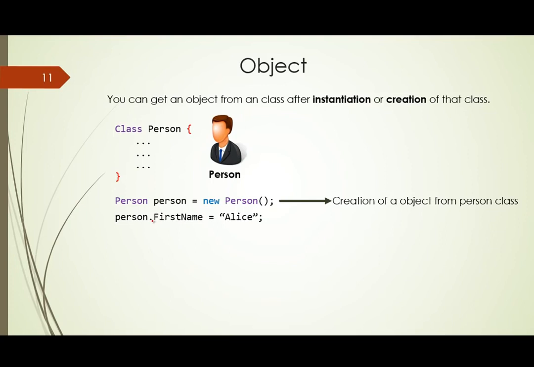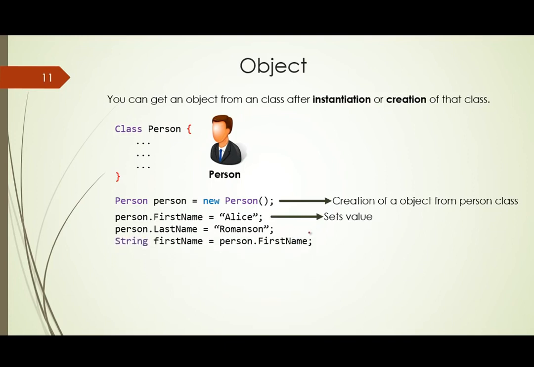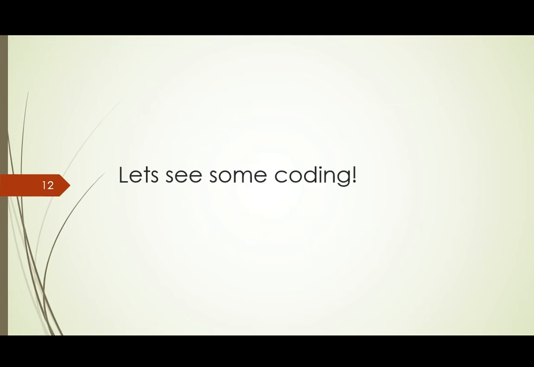So I dot the person, get the first name, and put a value, Alias. This is how you set values. And last name Roman San, this is how I set values. And how you get the values is very simple. It's like setting the values, but taking it into another variable. That's how you get the value. That's it. Now let's see some coding.